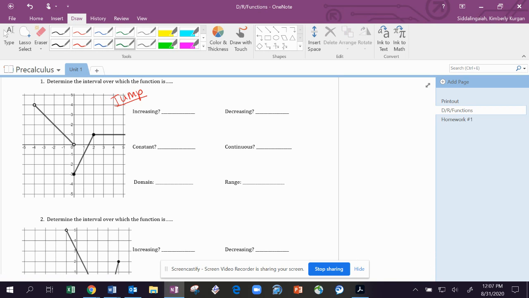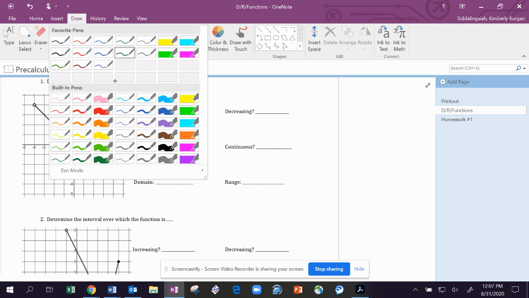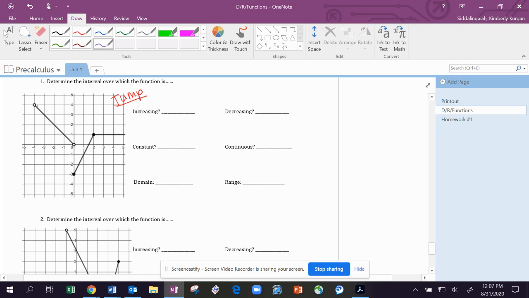Okay, so if I trace again with my pen, I can definitely tell if it's going up or down. So left to right, I'm going down. So this is a decreasing interval. Now my x values were -4 to 0. Okay, next piece, I'm going up.